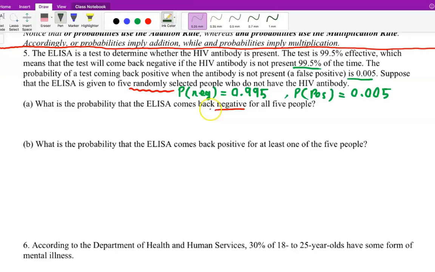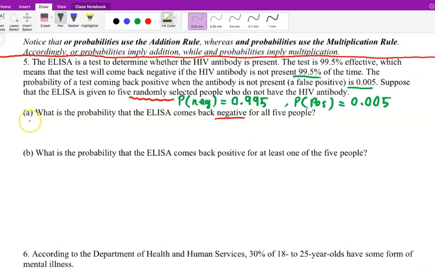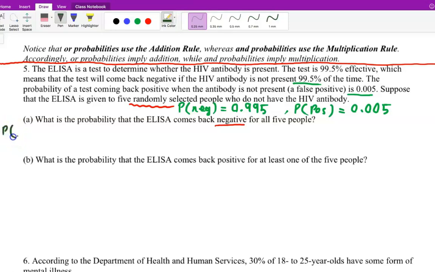Now here we have negative for all 5. So all 5 negative. I have the first one negative, second negative, third negative. So all of these 5 negative. In between we have the probability of, okay, the first one negative.